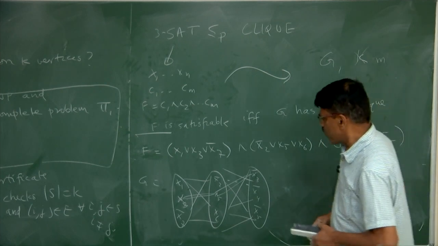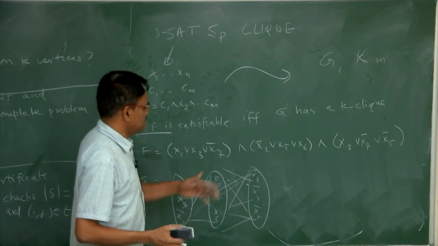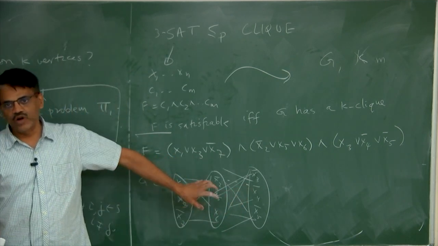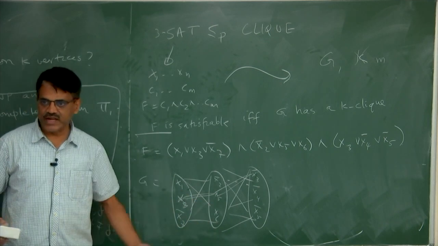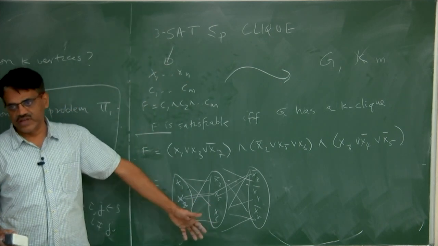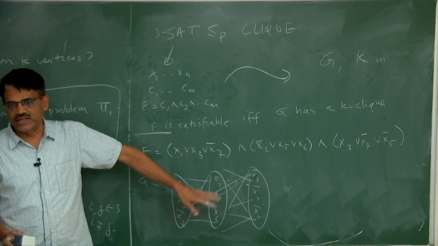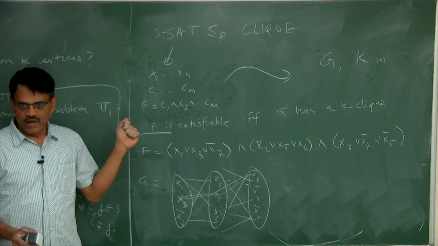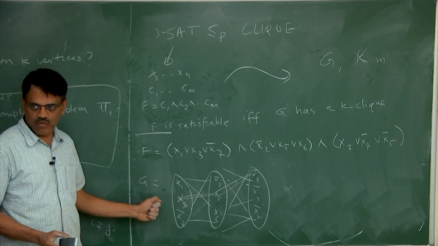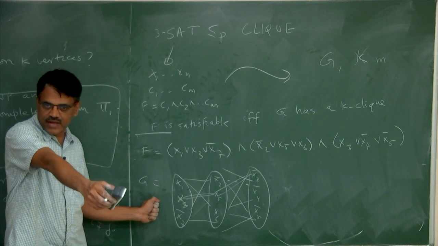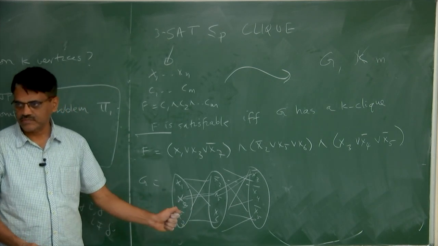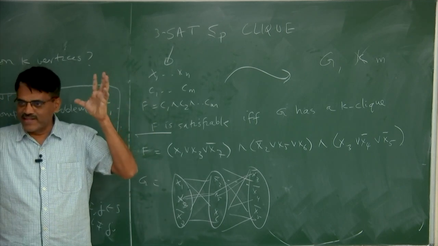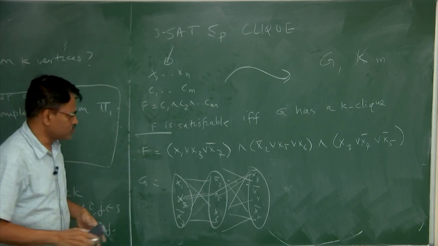So, now I want to come back in this instance, instead of making it complete M-partite, because that is going to throw me some spurious clicks which do not correspond to a satisfying assignment. I do not want to add certain edges. Which edges do I not want to add? If you have an xi in one part, an xi bar in another, I will not add an edge, because that click will complicate things for me to get the reverse direction.